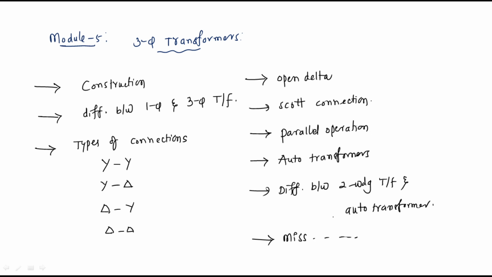So these are the basic contents which come under module 1 to module 5. So we have to discuss in detail analysis of each and every concept from tomorrow onwards. This is about electrical machines 1. So the contents of synchronous machines and induction machines that we are going to discuss in electrical machines 2. So as of now, first we have to discuss DC machine concept as well as transformer concept, that is electrical machines 1. Thank you.